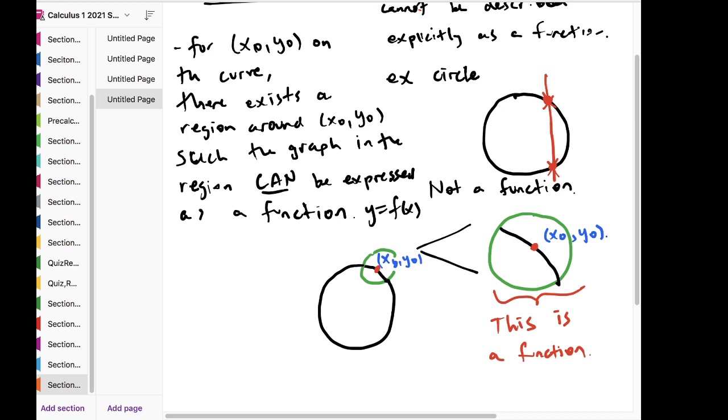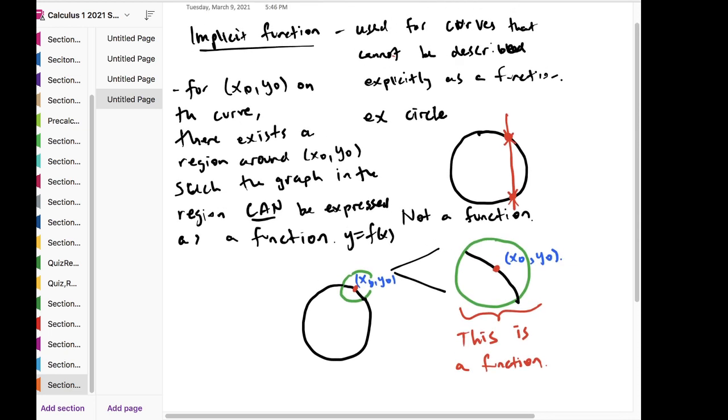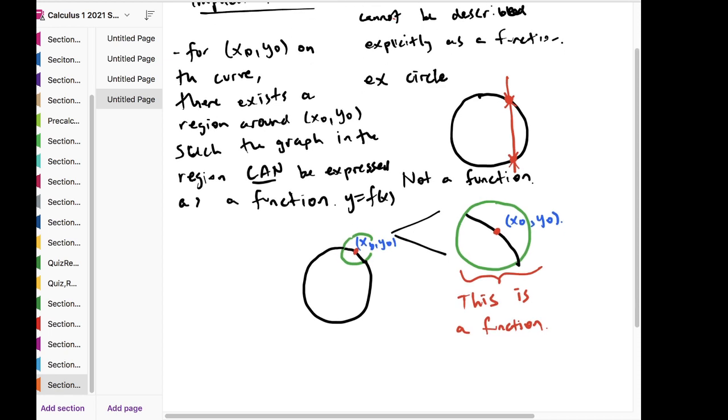Why is that a function? It passes the vertical line test, right?